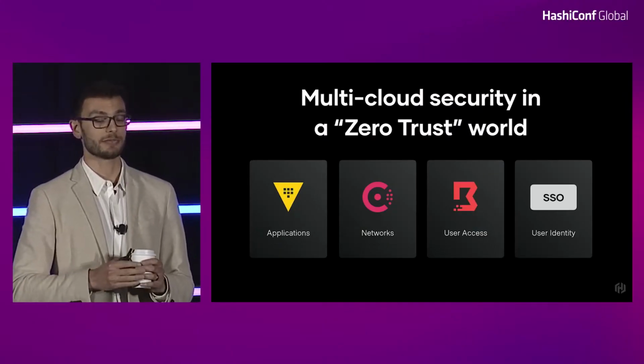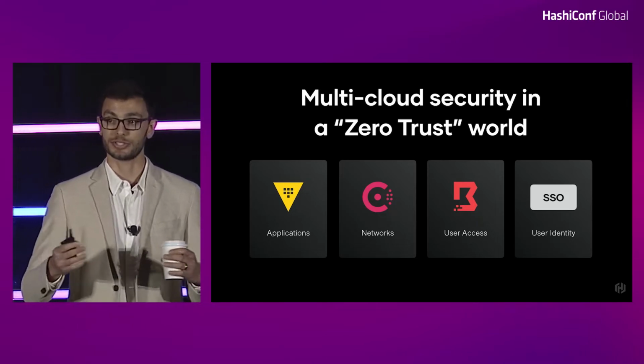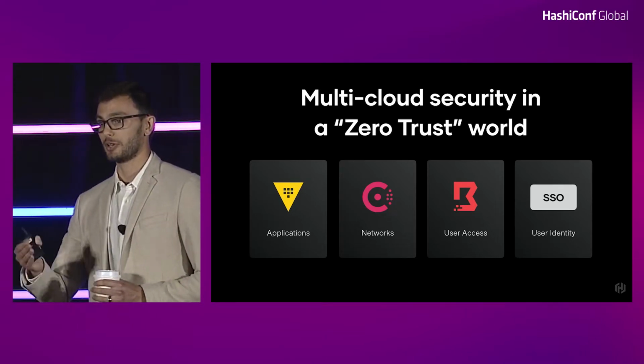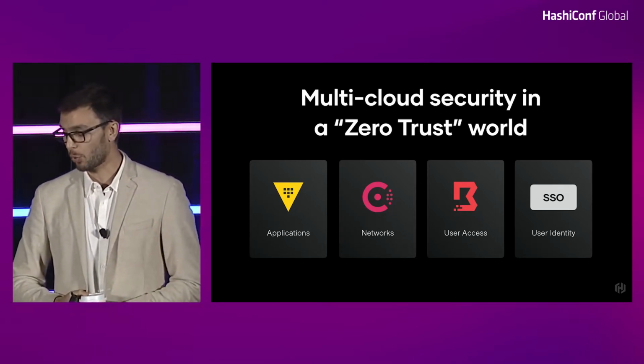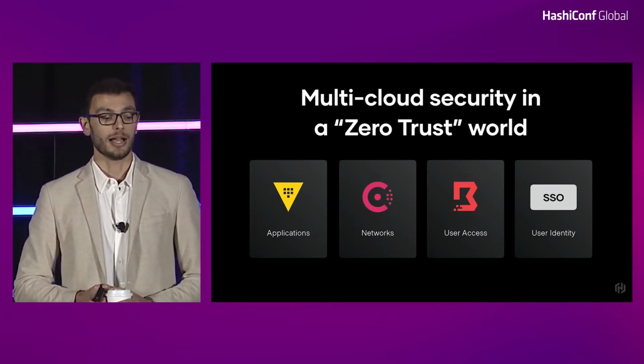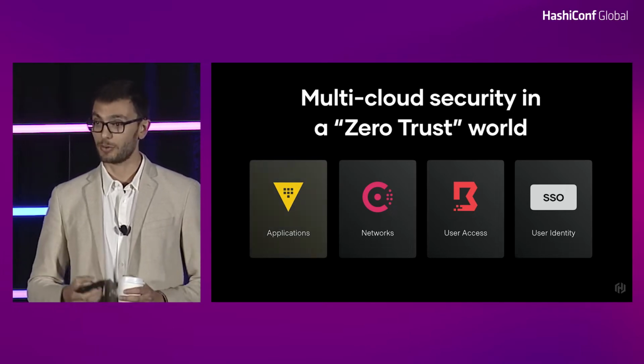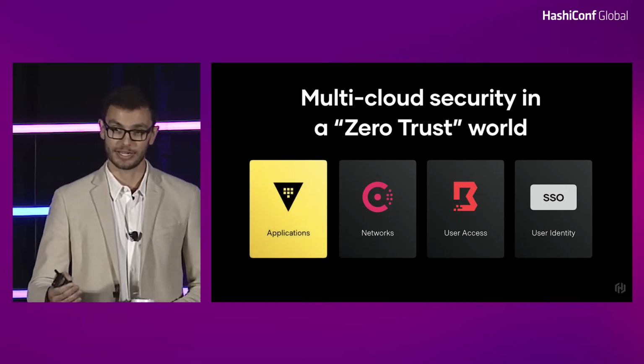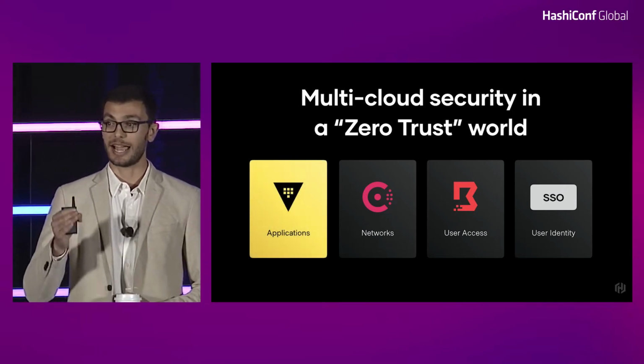So we see this common set of zero trust design principles spread across the portfolio of workflows that we try to enable across Vault, Consul, and Boundary. We see this first and foremost with Vault, as Armand stressed in the keynote, around protecting application identity.